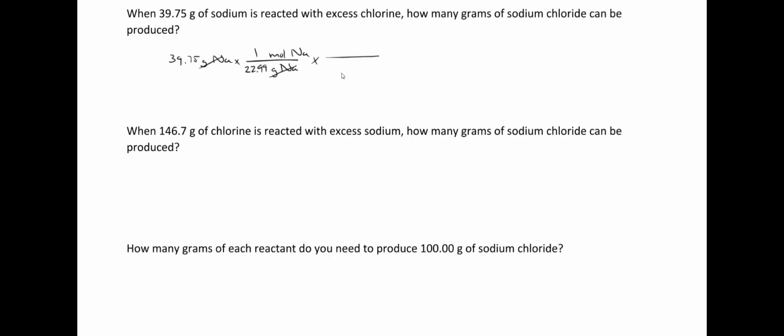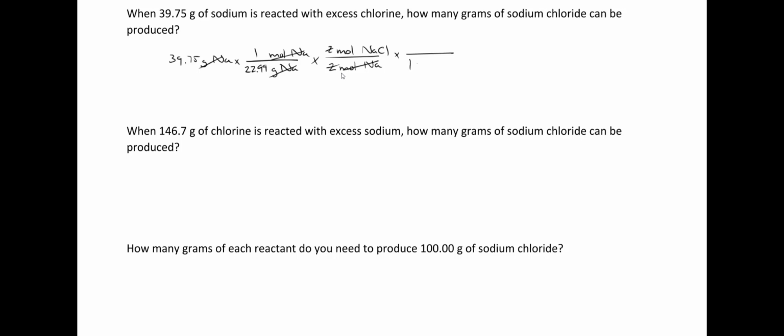I know from the balanced equation that every 2 moles of sodium gives me 2 moles of sodium chloride. So I can cancel out moles of sodium, and I can technically cancel out the 2's as well. And then part C, we want to go from moles of sodium chloride to grams of sodium chloride.